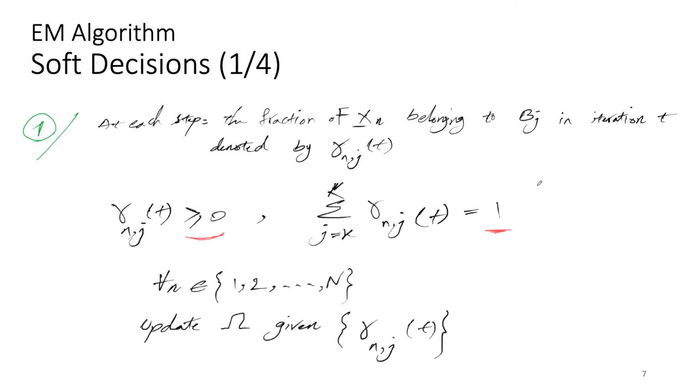Otherwise, we're going to use the data twice, right? So the task here is to update the w's, the mu's, and covariances, given the fraction of each xn belonging to bj at iteration t, right?